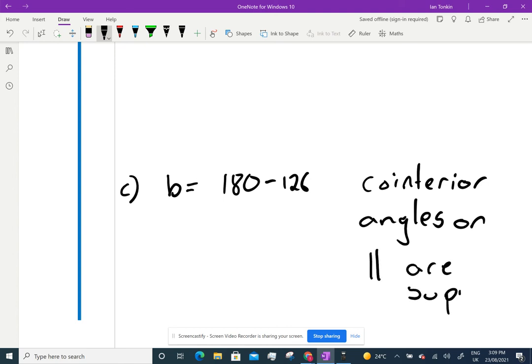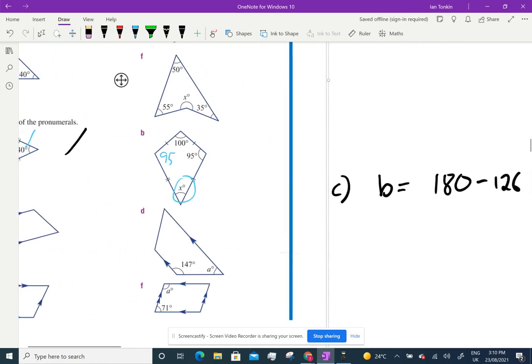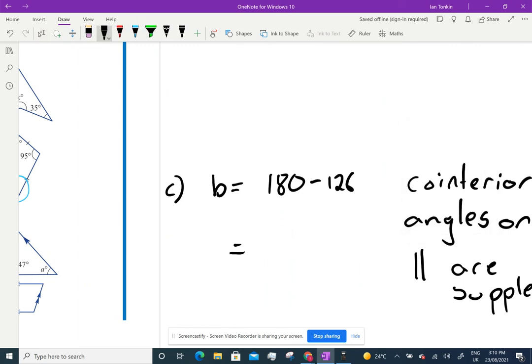Do they ask for a reason? You could say because of the property of a trapezium, just tells me to find them. 180 minus 126, that's 54 degrees.